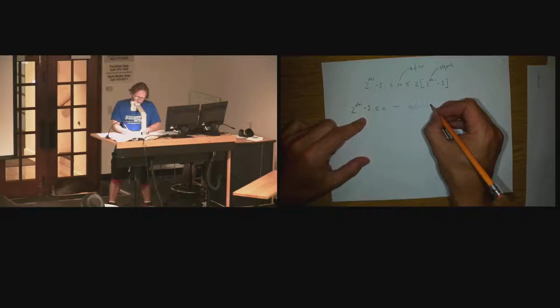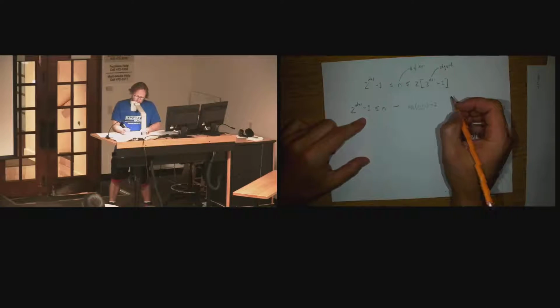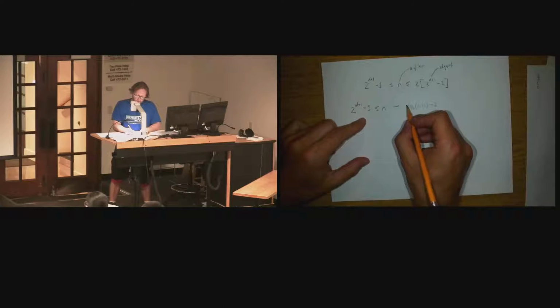What happens, we've already done this. You take n plus 1, log base 2 of it, and then plus 1, minus 1, there we go. And the depth is less than or equal, I take the d on the other side, right?